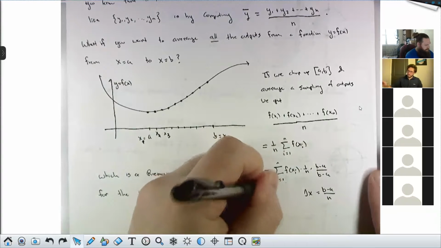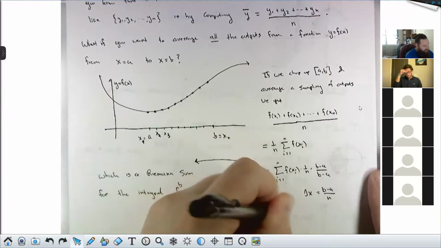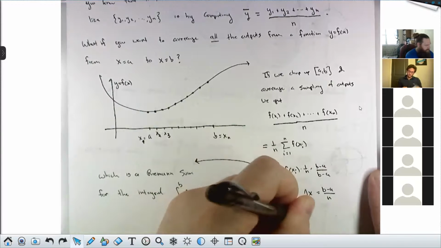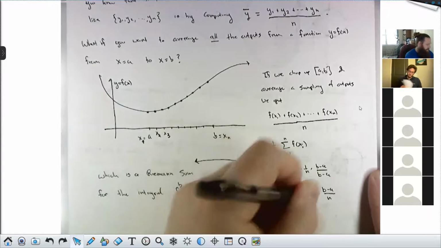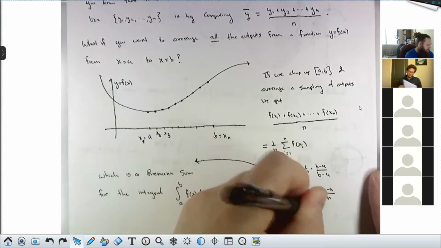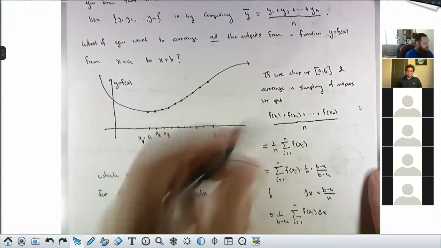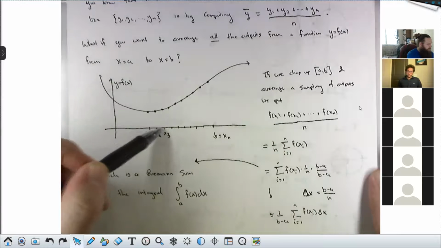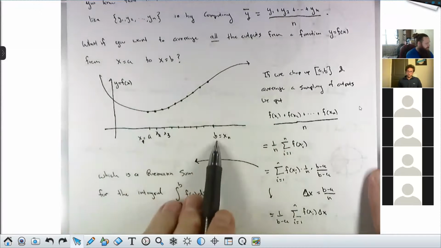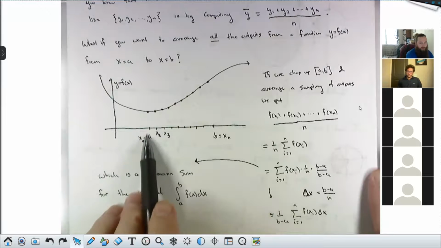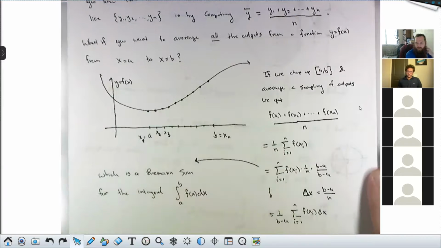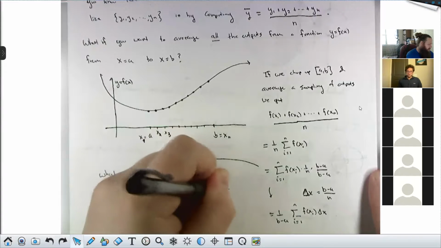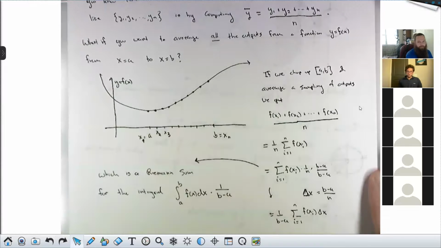So let me take this one line further here and say this is like 1 over b minus a times the sum from i equals 1 to n, f of xi times delta x. So delta x is the width between any two things here, which is b minus a, all divided by n, because I have equally spaced sample points. So really that's a Riemann sum for this guy.